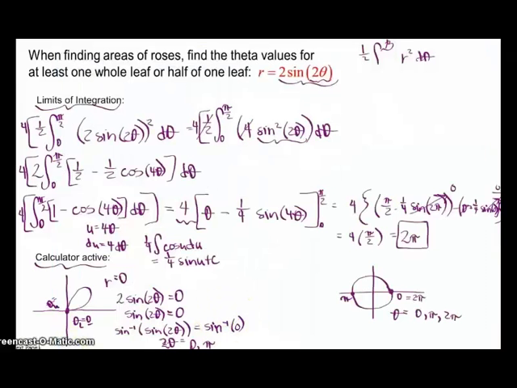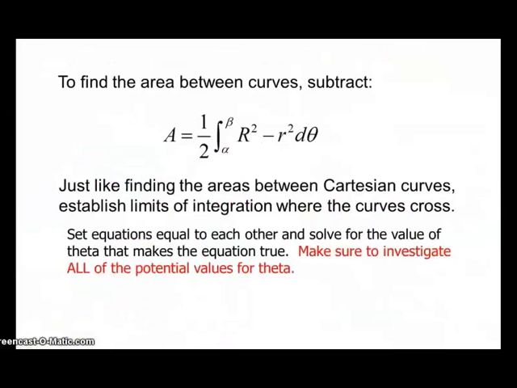Okay, so we have one more example here, and it's one where we're dealing with 2 polar regions. If we want to find the area between 2 curves, or let's say inside one curve but outside the other curve, then this is the formula that we're going to use. We might be given big R, which is one polar function in theta, and then we might be given little r, which is a separate, unique polar function.